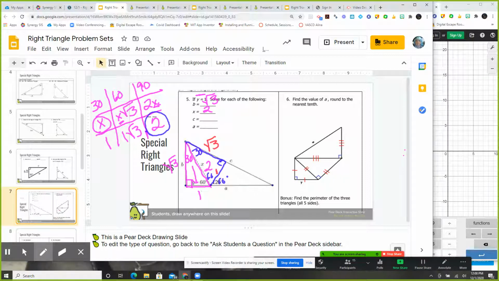And you can just leave the square root of 3. So that means that this blue triangle and this red triangle are going to be the same, right? So that's going to be the square root of 3. That's going to be 1. And this is going to be 2. So C is that whole distance.